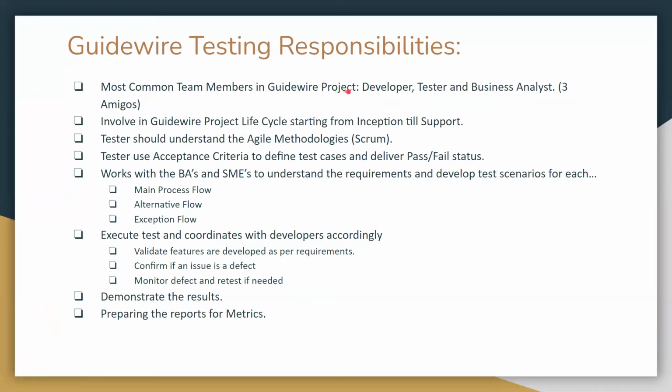As a Guidewire team member, as a tester, a QA should always interact with the developer as well as the business analyst. To write the test cases, we should get inputs from the business analyst, and the same thing will be developed by the developer.